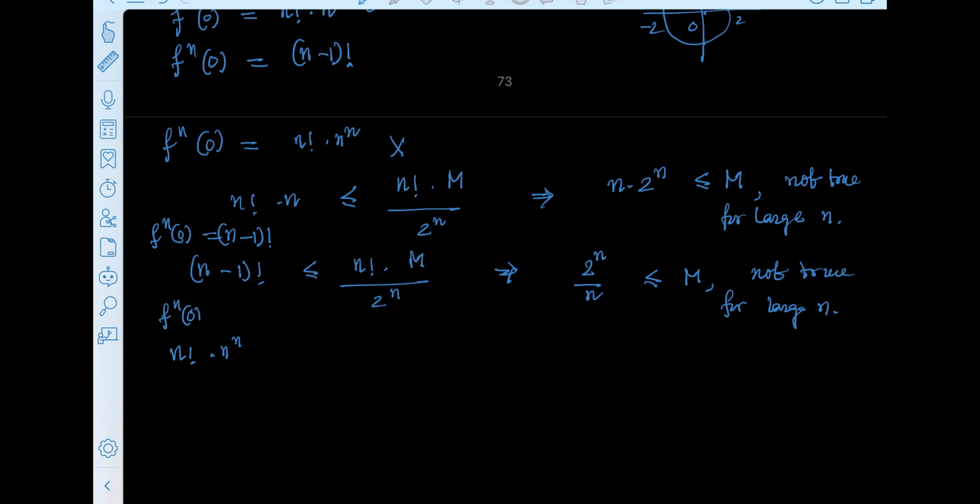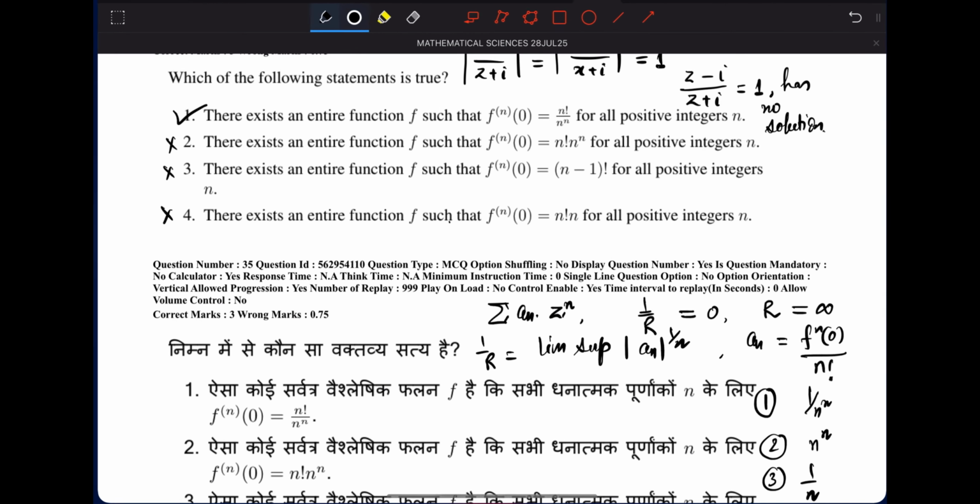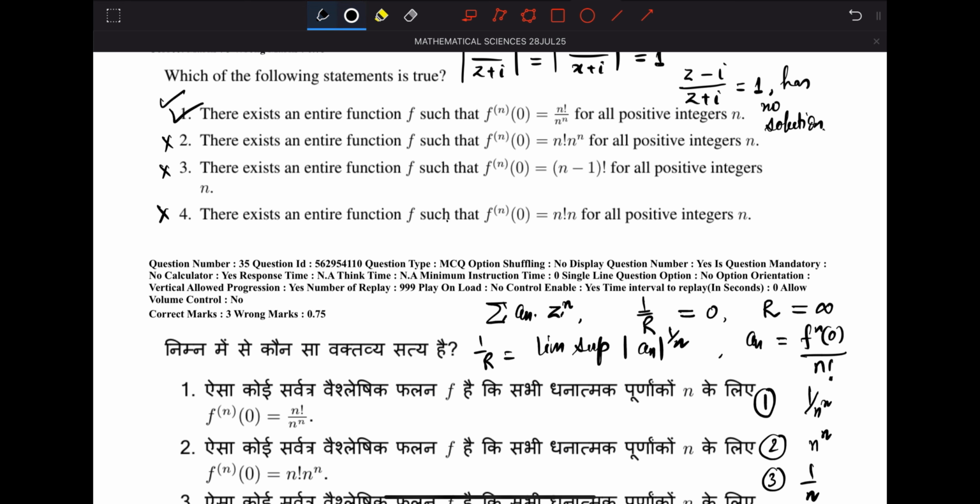If f^(n)(0) equals n factorial times n to the power n, which is less than or equal to n factorial M divided by 2 to the power n by Cauchy inequality, this will give you 2 to the power n times n to the power n is less than or equal to M. Again, this is not true for large n. So these three options are not correct. This is the right option.